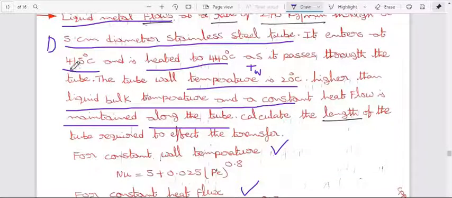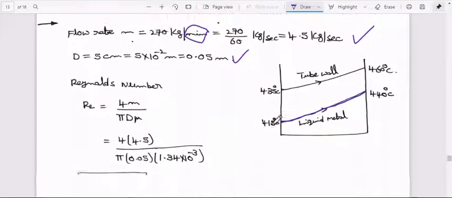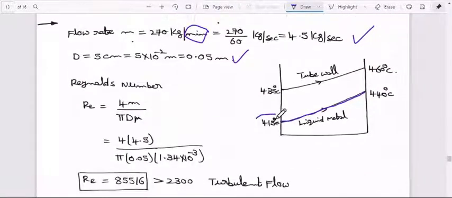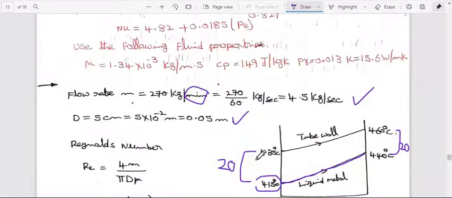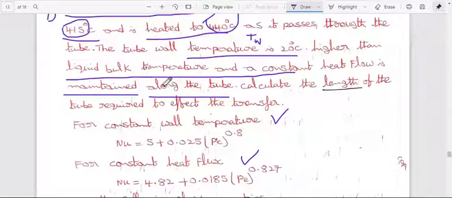That's why I'm considering this diagram: the range between these two values is 20 higher than the bulk mean temperature. So the liquid metal temperature is 415 to 440 and the tube wall temperature is 435 to 460. This is the 20 degrees variation.